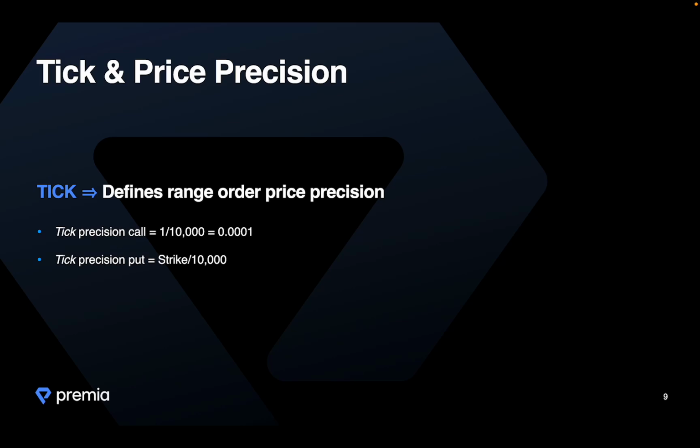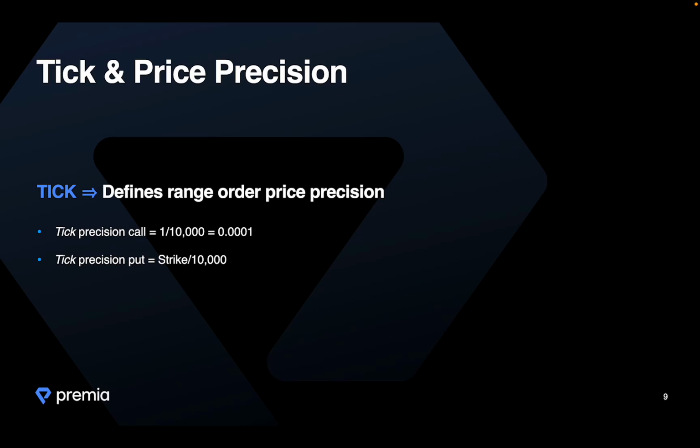For puts, it would depend on the strike. In this particular case, let's just say that we have a 1,500 strike ETH put option. The put precision would be 0.15. And at first that might seem a little odd to someone. Well, why are calls 4 decimal places out and why are puts just 0.15 in this particular example? One thing to keep in mind is that calls are priced in the underlying and puts are priced in the quote asset.